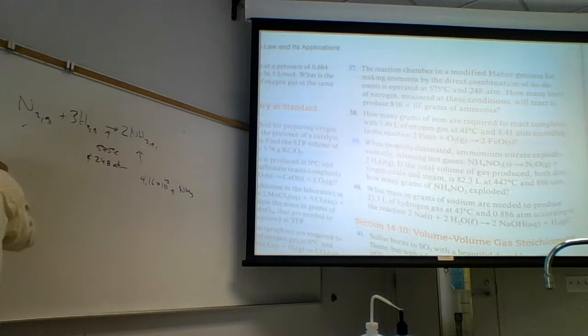It's 0.2805 liters per mole, for gas at 248 atmospheres and 575 degrees C. It's only valid under these conditions. If we change the conditions, the molar volume will change as well.